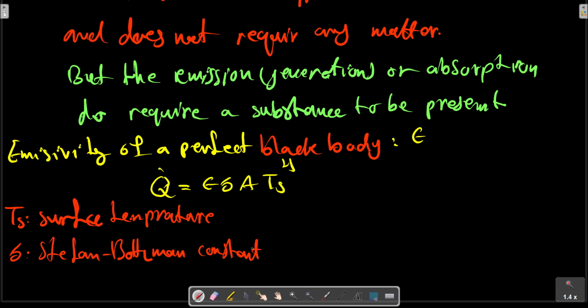Typical values of emissivity range from zero to one. Epsilon is emissivity and A is the area.